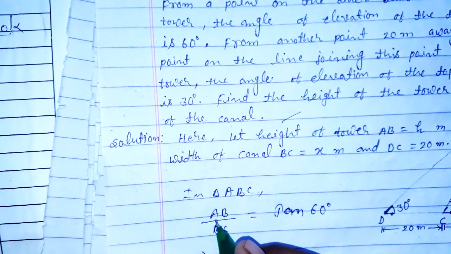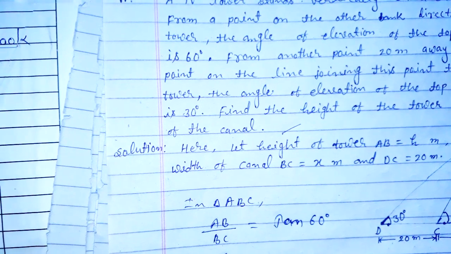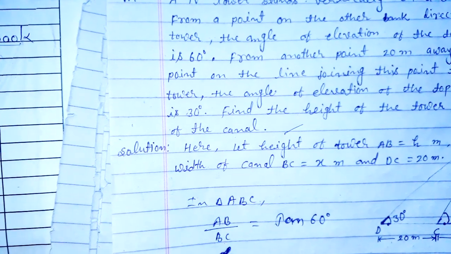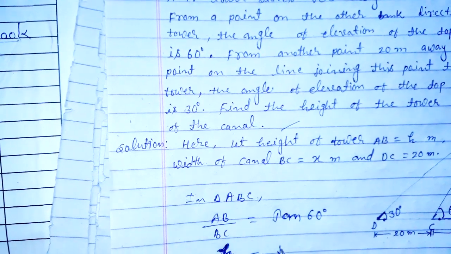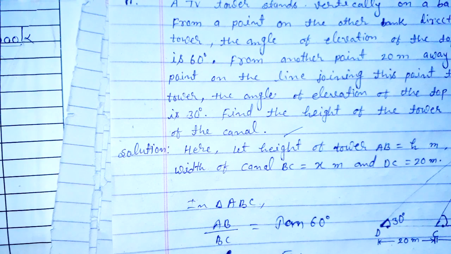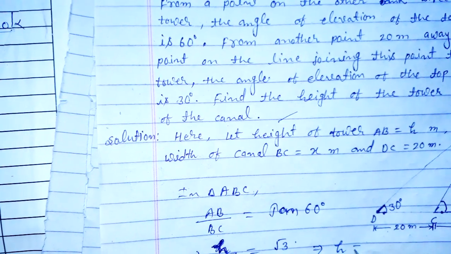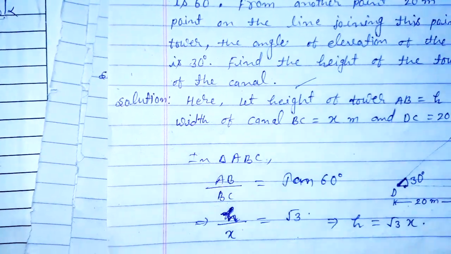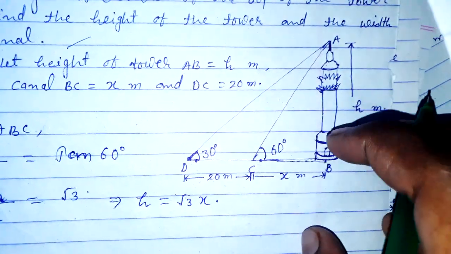Let AB be h and BC be x. So h upon x is equal to root 3. So h is equal to root 3 x. This is the first equation.